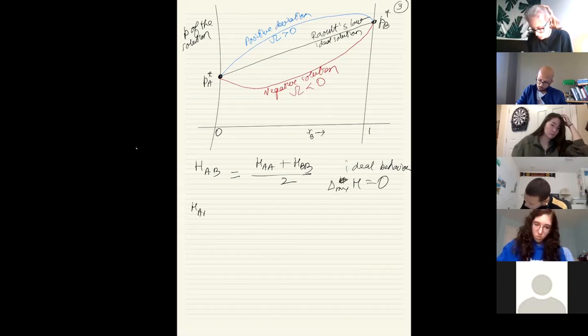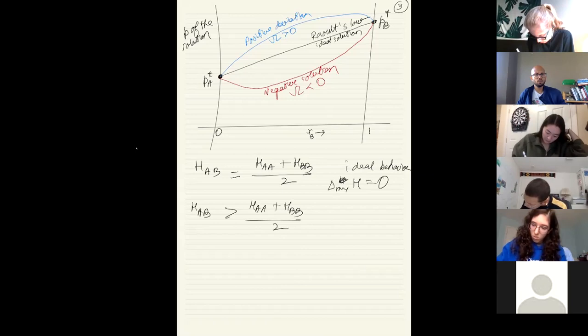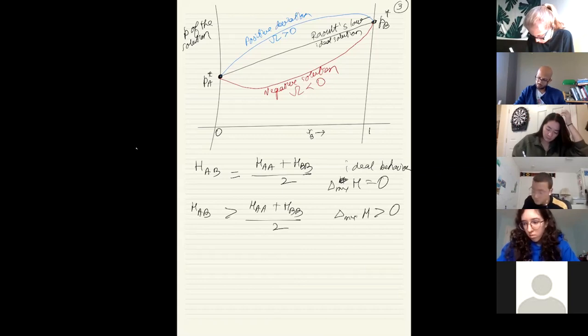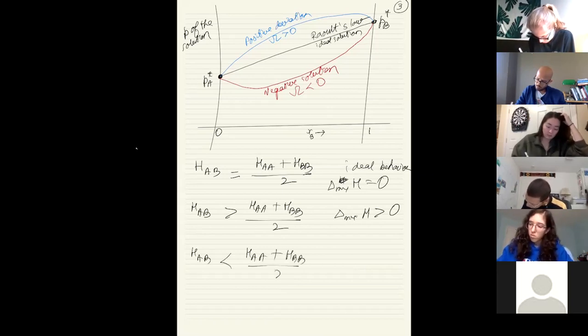If HAB is more than (HAA plus HBB) by 2, it means that when you mix it together, there is an enthalpy cost. In this case, delta mix H is going to be positive. And if HAB is less than (HAA plus HBB) by 2, then delta mix H is negative.